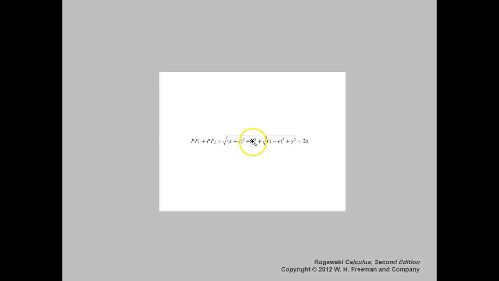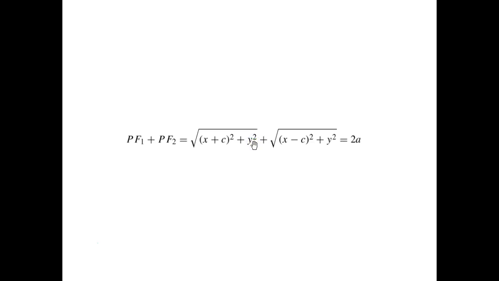Now let's see. This is basically that first description I gave to you. You add the distances from any point on the ellipse to one focus and to the other focus. Let's assume your major axis is your x-axis here.